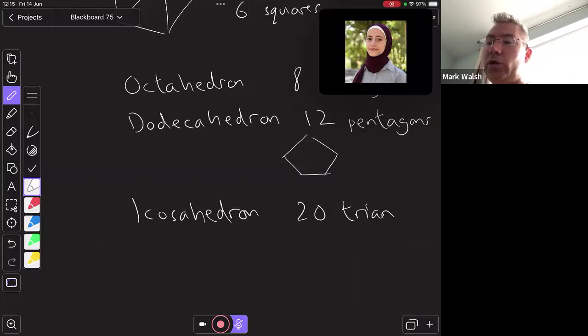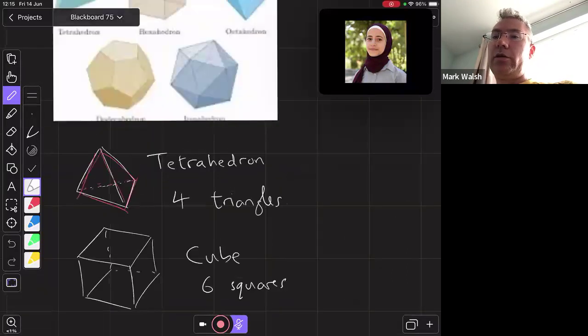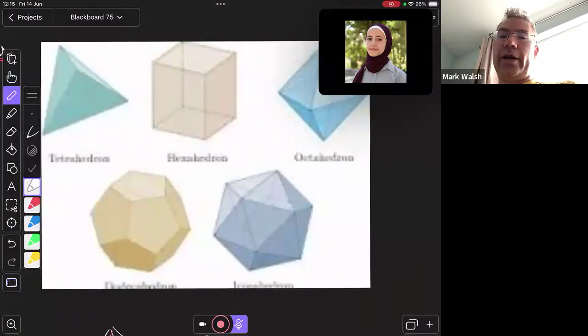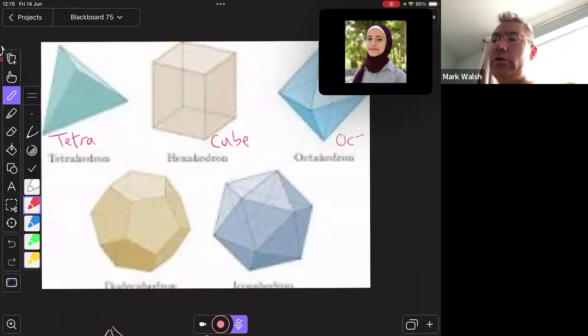I'll go back and we'll look at the pictures again. So if I go back up to the graphic here, hopefully you can see. The writing is a little blurred, but this is my tetrahedron, my cube, my octahedron, my dodecahedron, and my icosahedron.